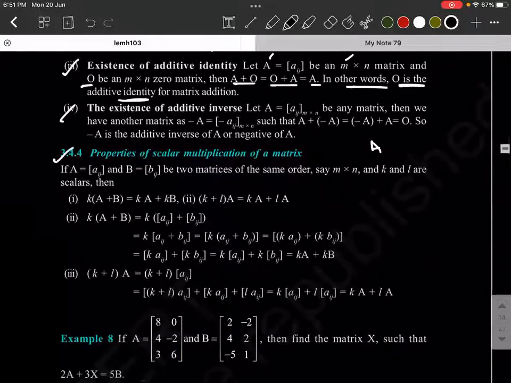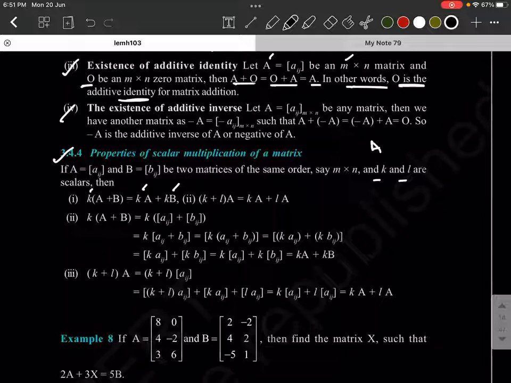So properties of scalar multiplication of a matrix. Okay, so here it is a combination of multiplication and addition. Suppose K and L are scalars, some numbers. I have two matrices A and B. I find the value of A plus B and multiply it with K. It is the same as multiplying K with matrix A first and K with matrix B and then adding them.